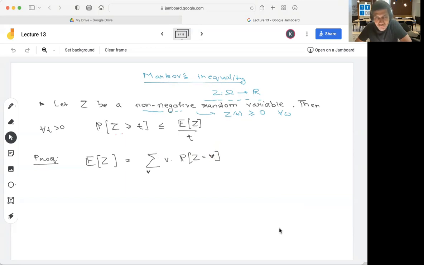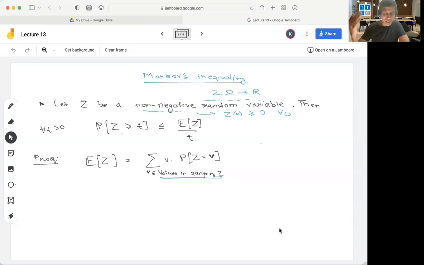So let's say V ranges over all values that Z can take. Again, Z is a random variable defined over a finite or a countable outcome space, so it can only take finitely many values.